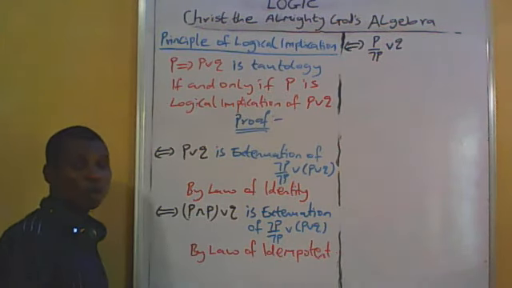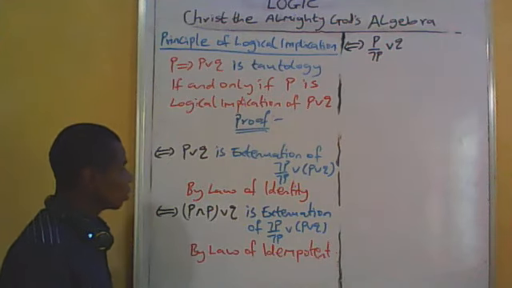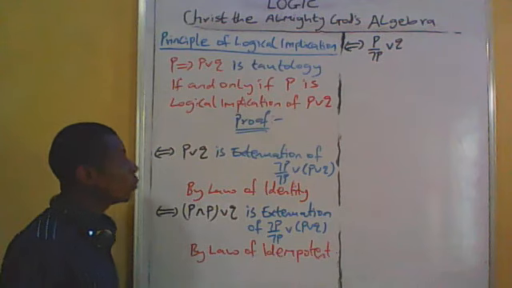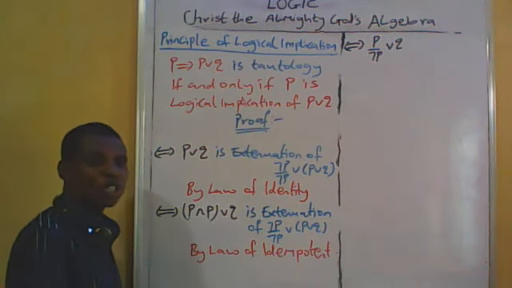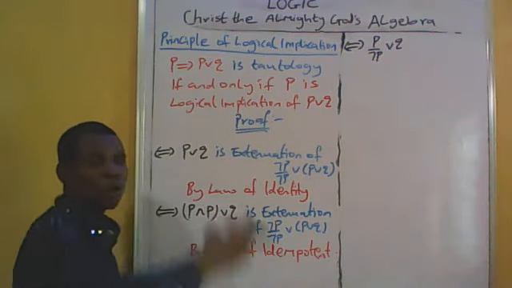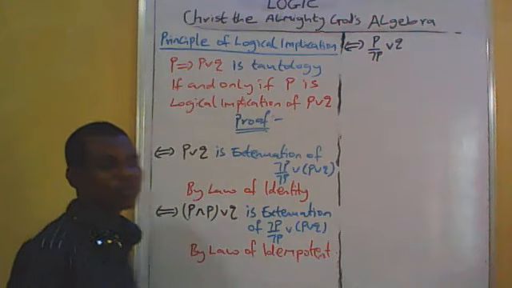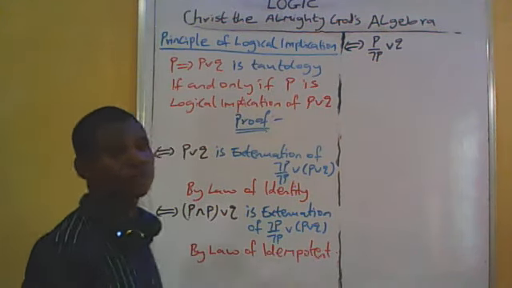That means P upon not P. And it's still P or Q, because P upon not P is P. So if it is P, it is P or Q. So it's P or Q. So it's still equivalent to P or Q. So if it's the same equivalent to P or Q, it's a solution of this tautology.